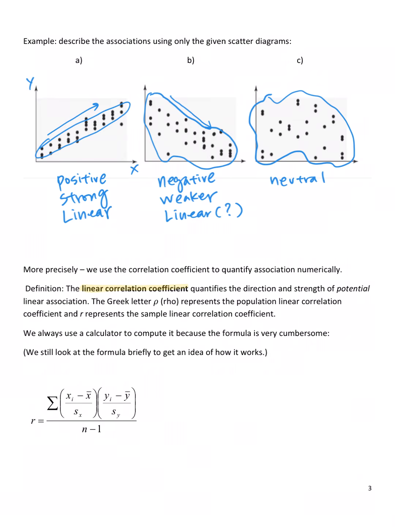Very important definition: the linear correlation coefficient quantifies the direction and strength of a potential linear association. The Greek letter rho represents the population linear correlation coefficient, and R represents the sample linear correlation coefficient.